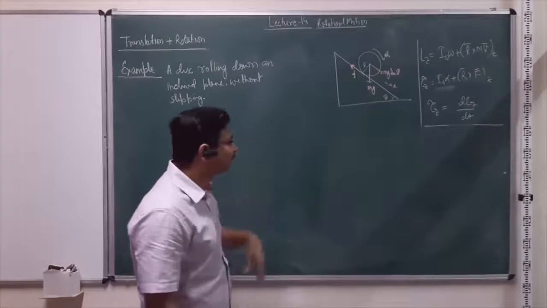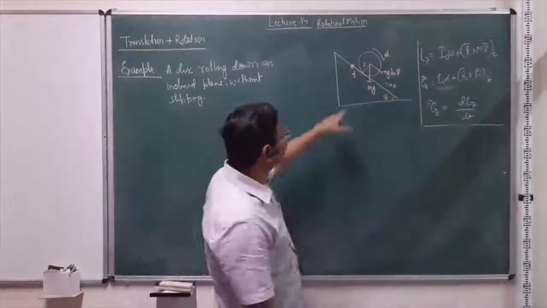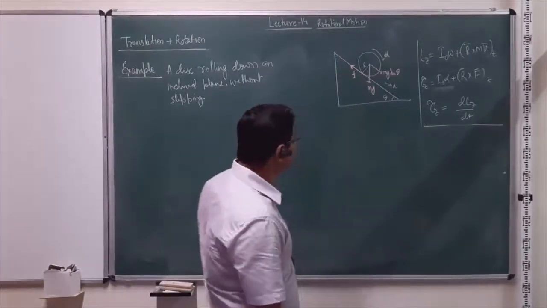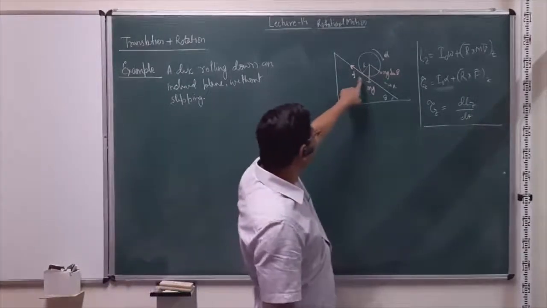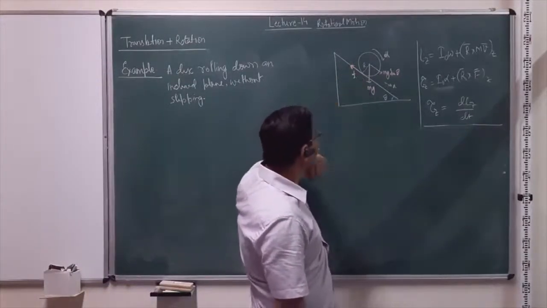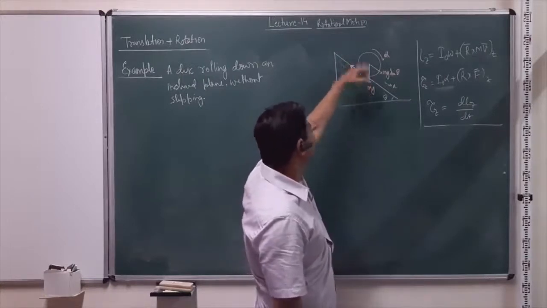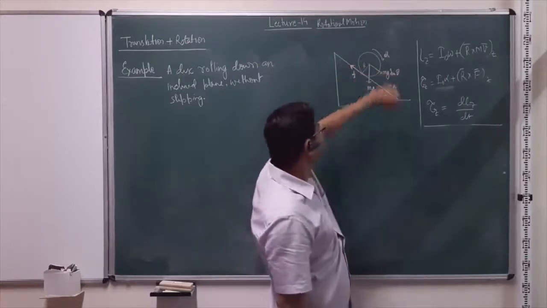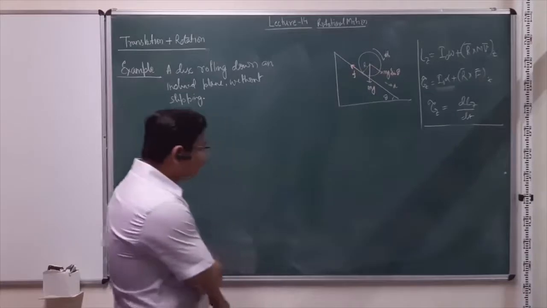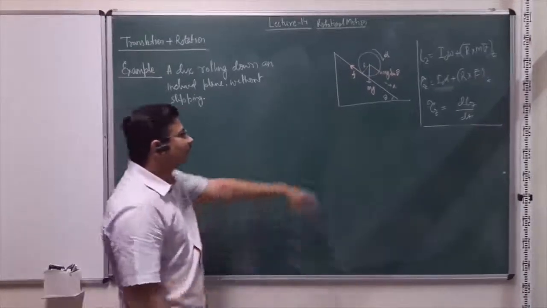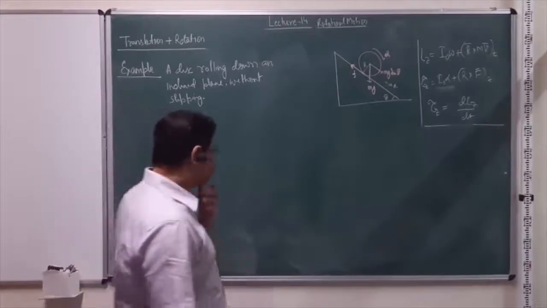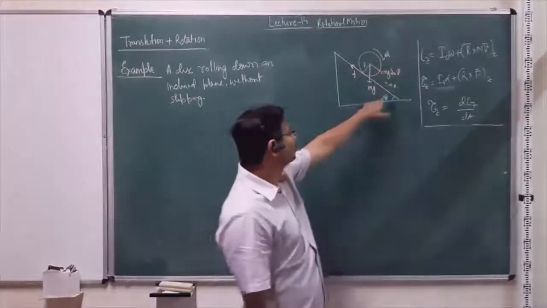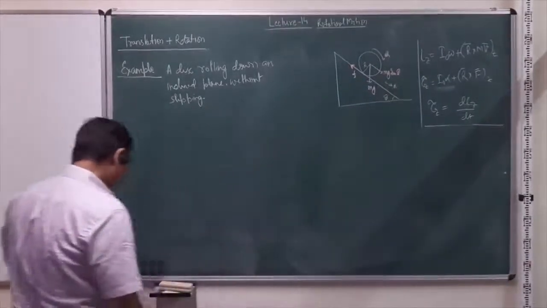It could be a cylinder, a drum, or a tire, which is rolling down because of the force mg, and there is friction between the drum and the surface. The frictional force opposes the motion such that this thing starts to roll, with angular acceleration alpha and linear acceleration a, because there is a force acting on it. The task is to solve for this acceleration a.